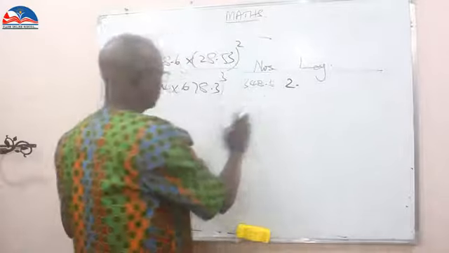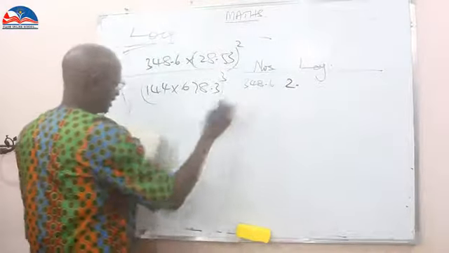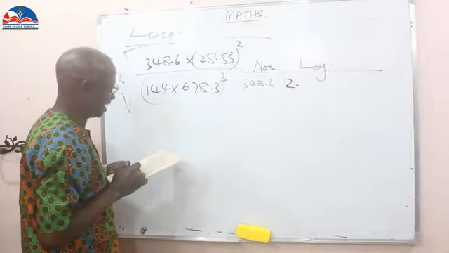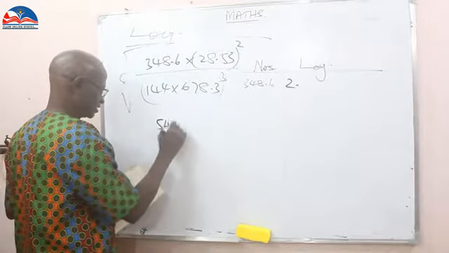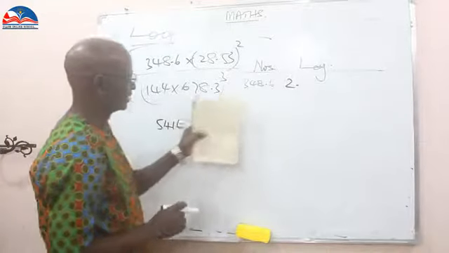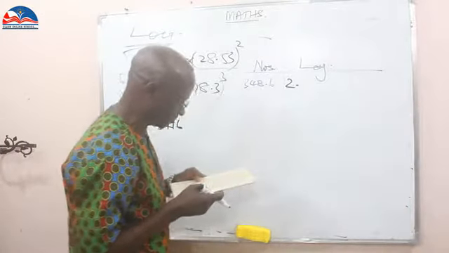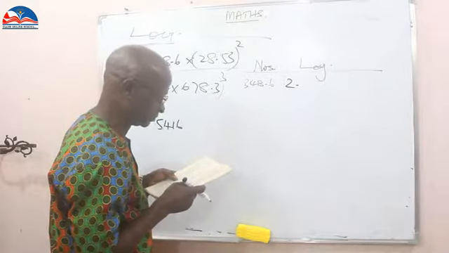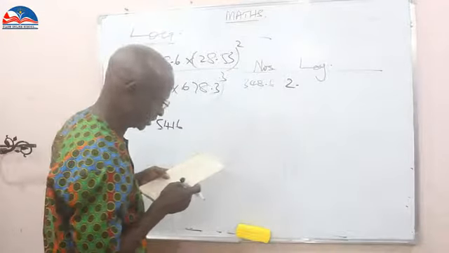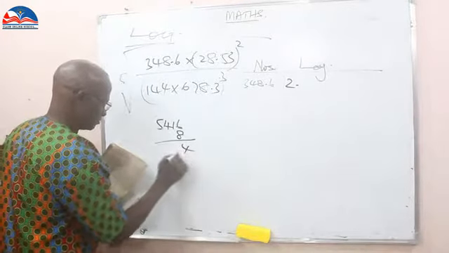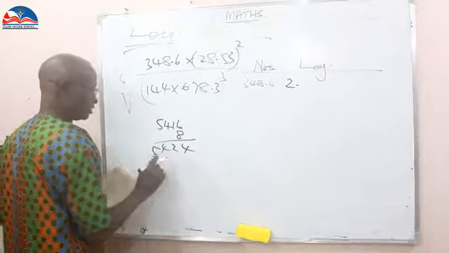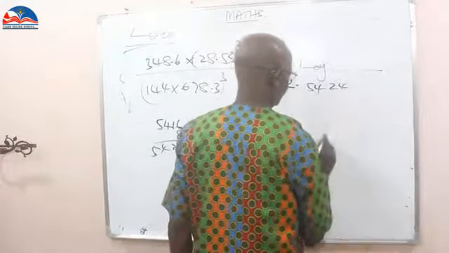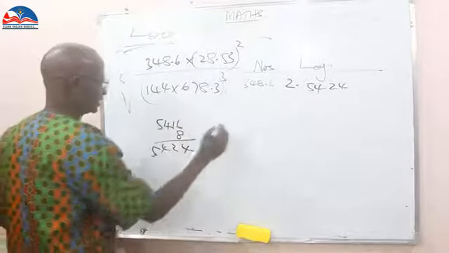For 34 under 8, always do it aside and then put the final result in. 34 under 8 gives us 5416. Yes. The difference 6 is 8. Add 8 to it. That gives 5424. That's the result of this. Now go for the next.